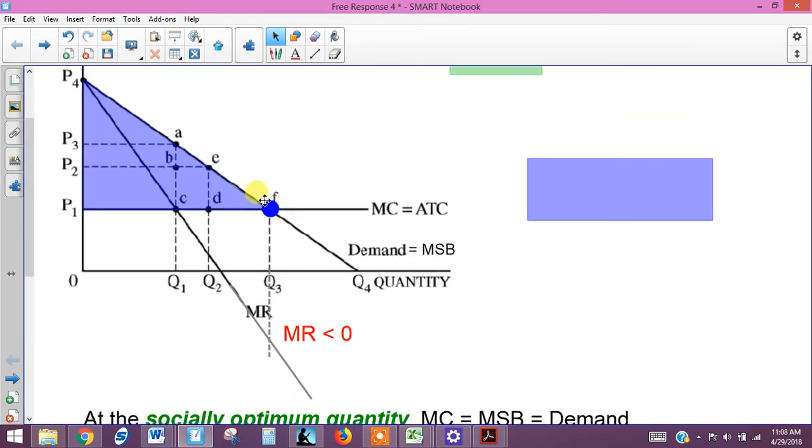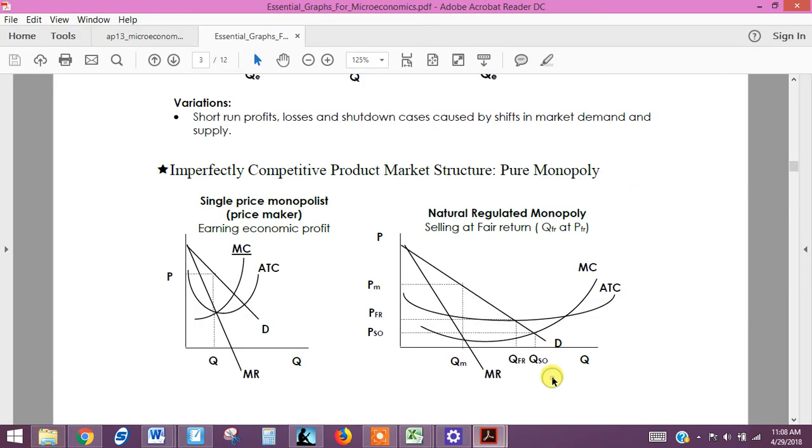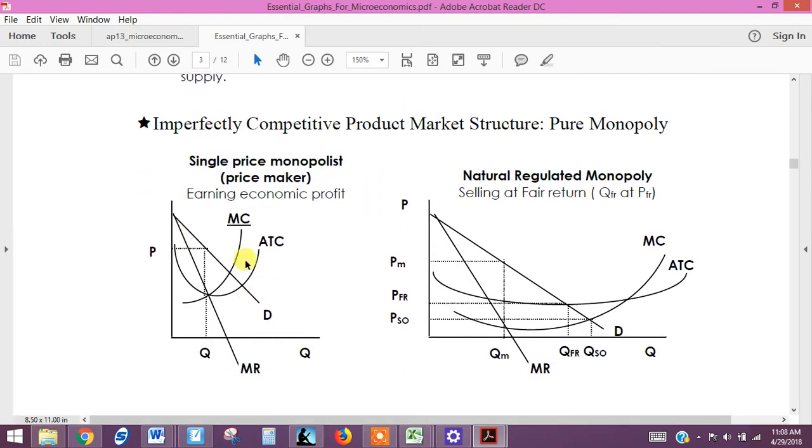Now, most graphs are going to look more like this, let me jump back over to your handout and blow this up a little bit. You've got the socially optimum point right here, where marginal cost equals demand equals marginal social benefit, and you're going to charge the price right here. Then you've got the productively efficient point down here, where price equals average total cost.